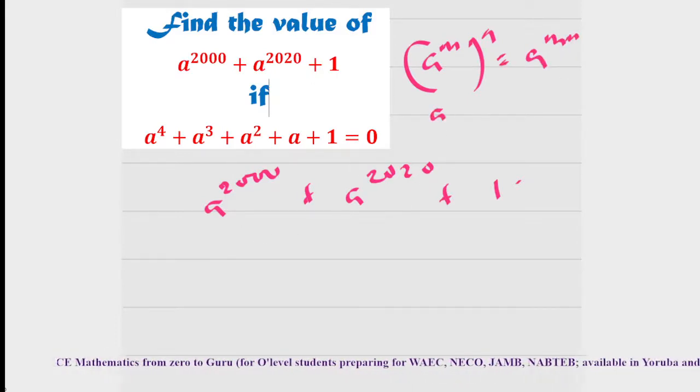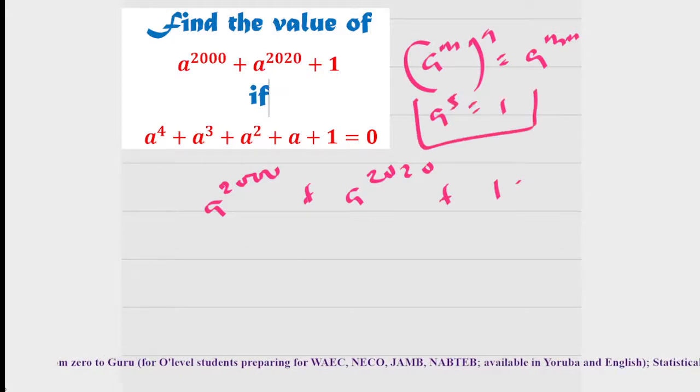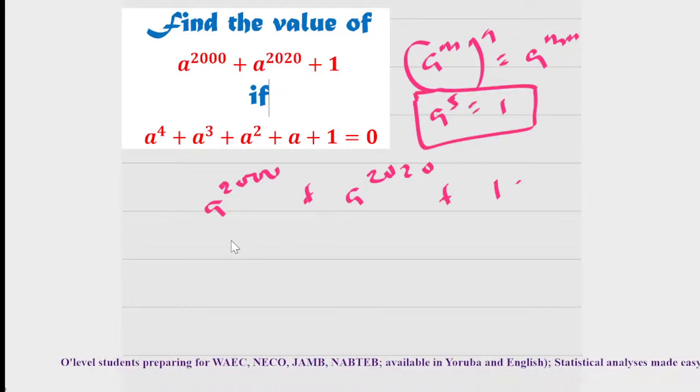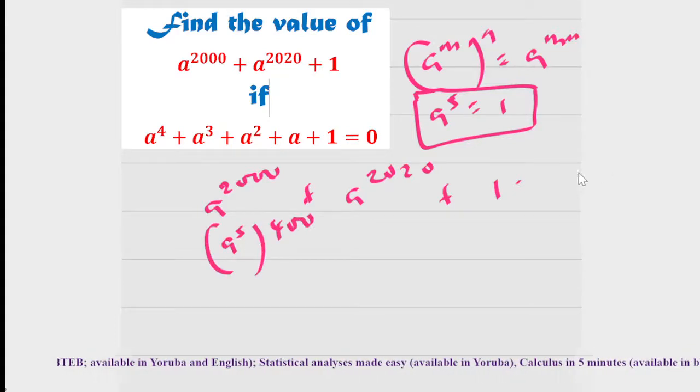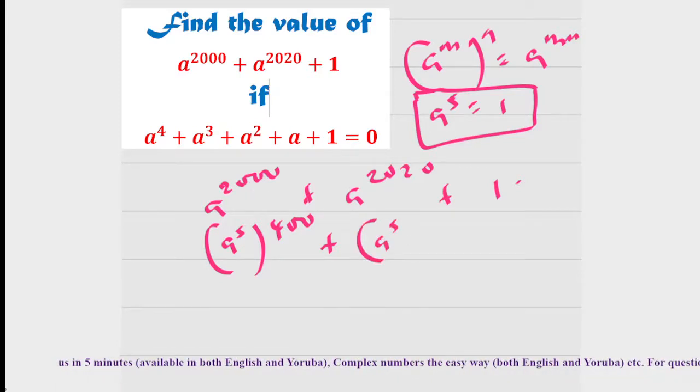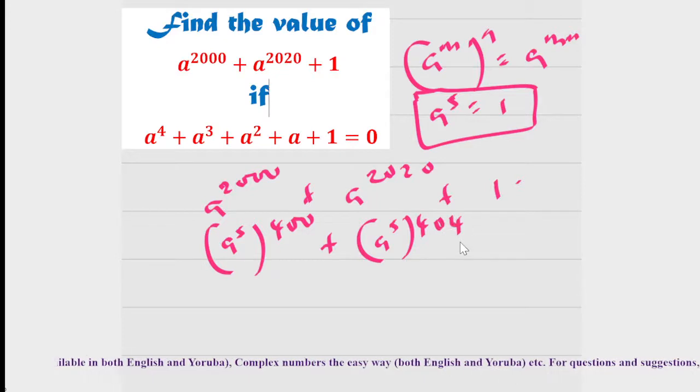Since we know that a^5 is equal to 1 from what we've just done, you can express a^2000 as (a^5)^400, because 5 times 400 will give you this guy back. Then a^2020 is (a^5)^404, plus 1.